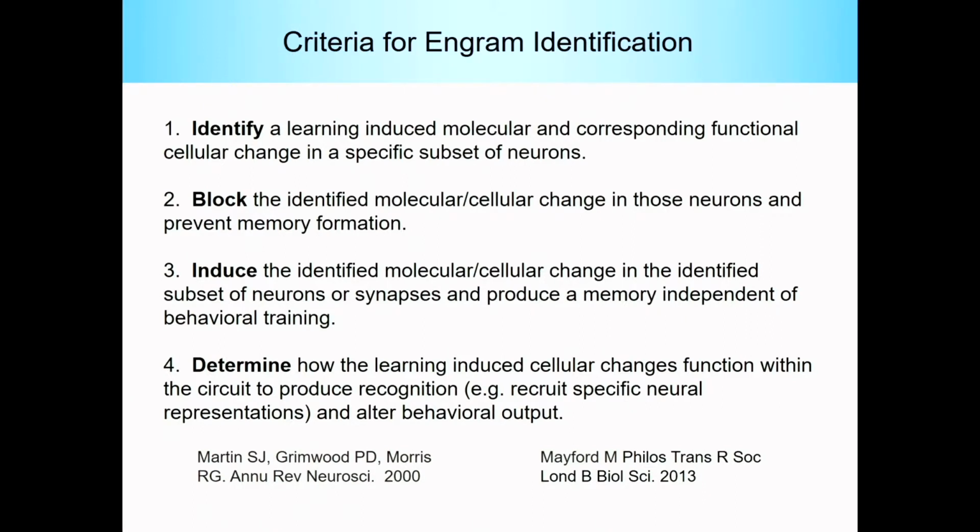You would have to have a particular task, and you would ask where the change occurs that mediates the behavioral change for that specific task. Well, how would you find that? The three most important criteria: you should identify it. You should see the change with the learning. And these are just standard in all of experimental biology. You should be able to block that change and block or reverse the memory.